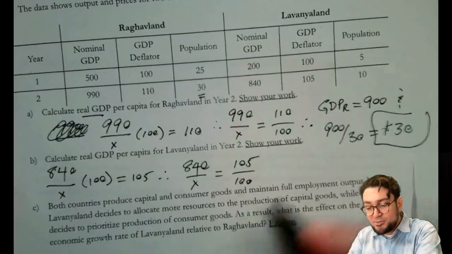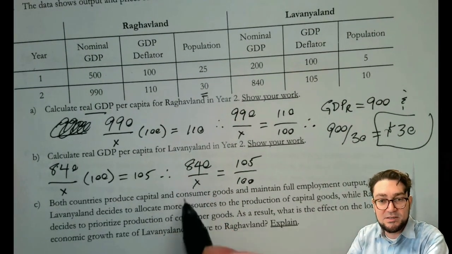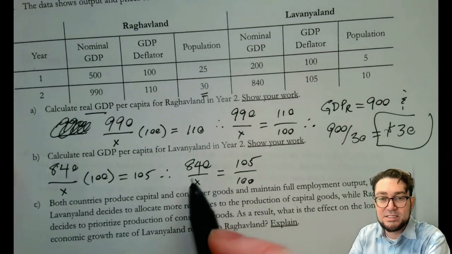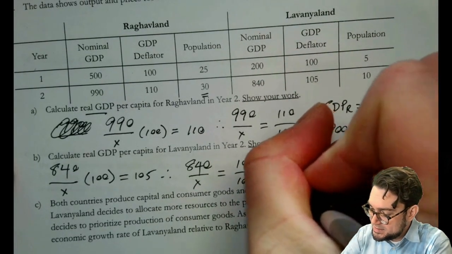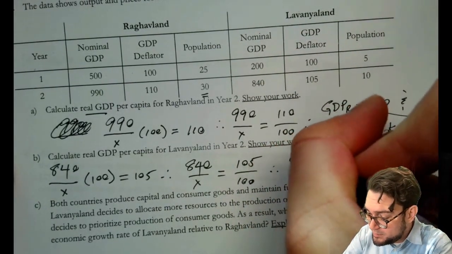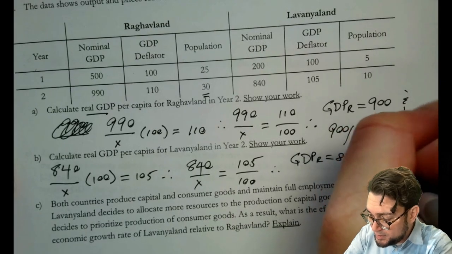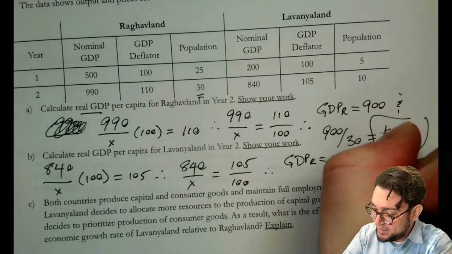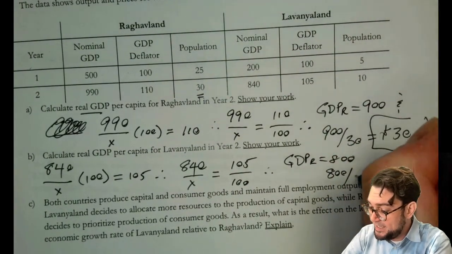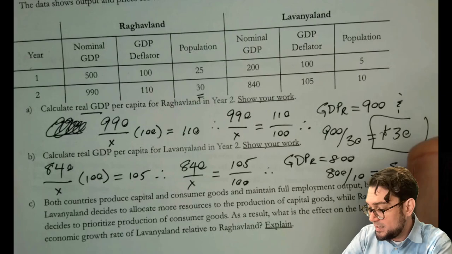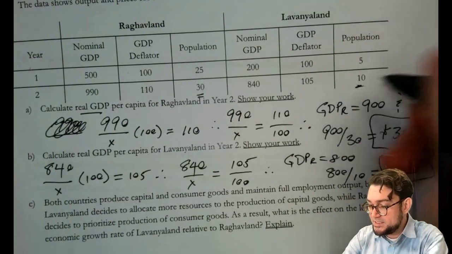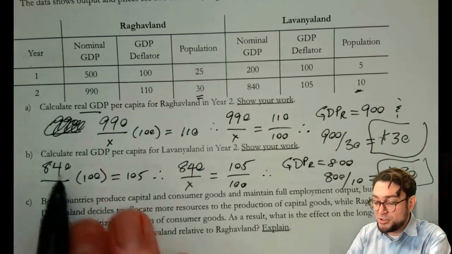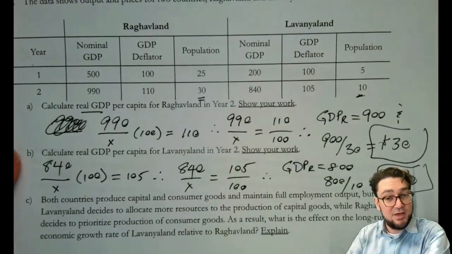This one's a little bit harder, but still not that bad if you notice that this would be 800, because 840 over 800 is equal to 105 over 100. So real GDP equals 800. Then we take 800 and divide that by 10, which is the population, and we get 80. So real GDP per capita for Lavagnaland is higher than Roggevland.